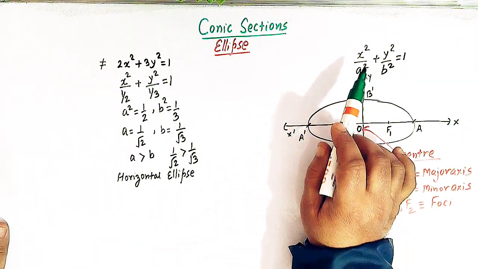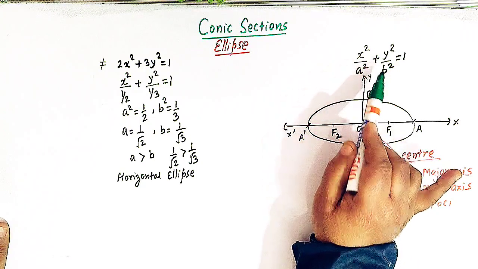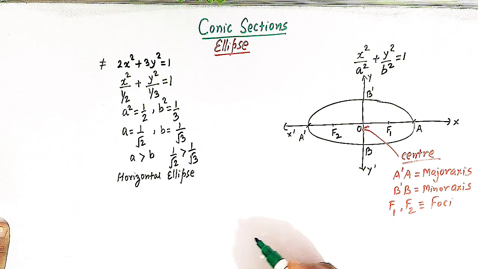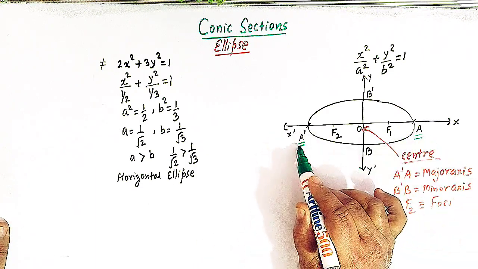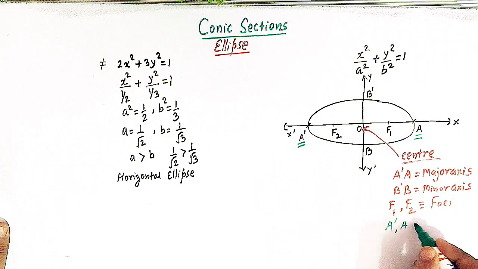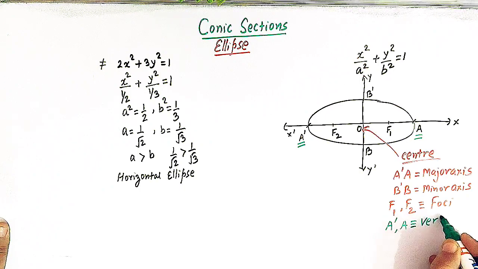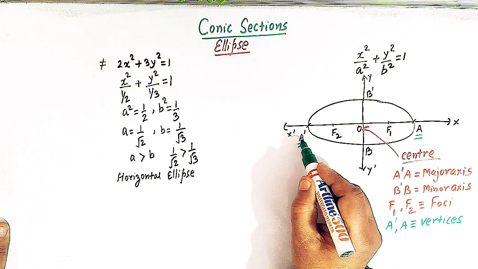So whenever we have an ellipse of this type, that is x square over a square plus y square over b square is equal to 1, then these two endpoints or the extreme points are known as the vertices of the ellipse, right? And let us first quickly write the coordinates.